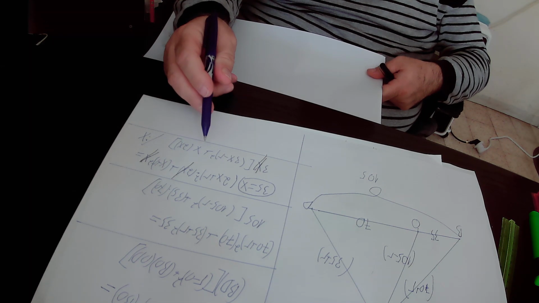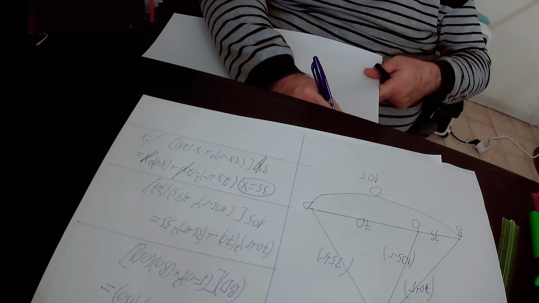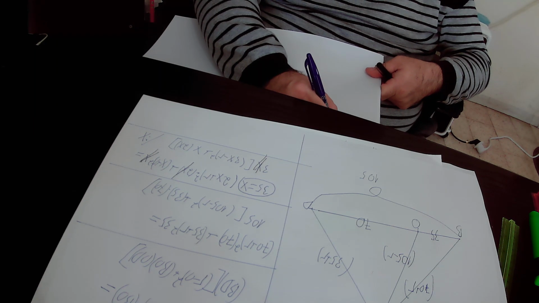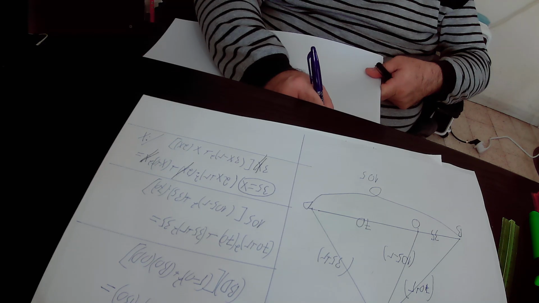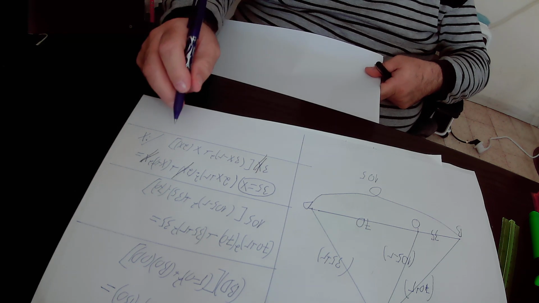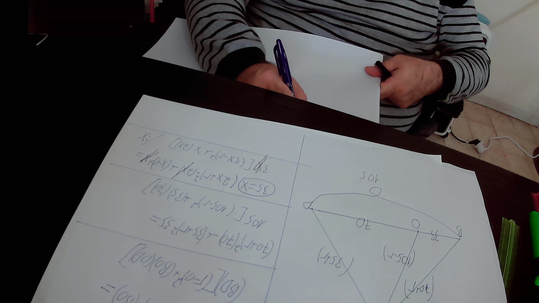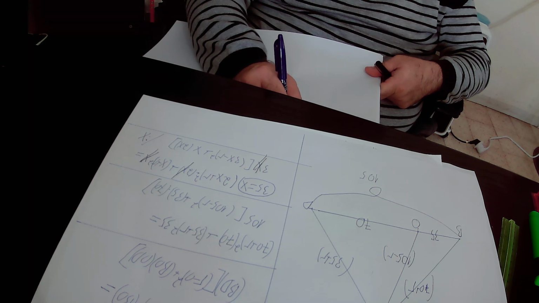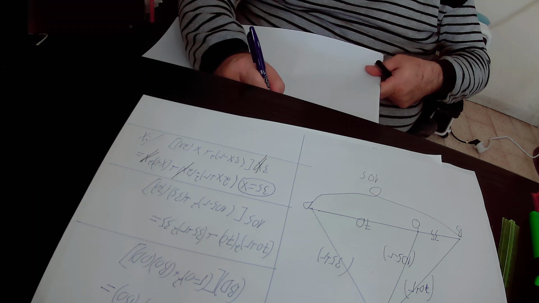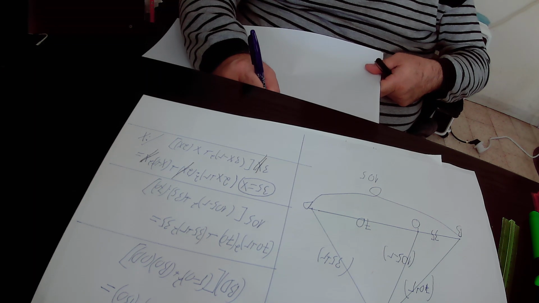We have here 2 times 2x plus R squared plus x plus R squared equals 3. We open brackets here.